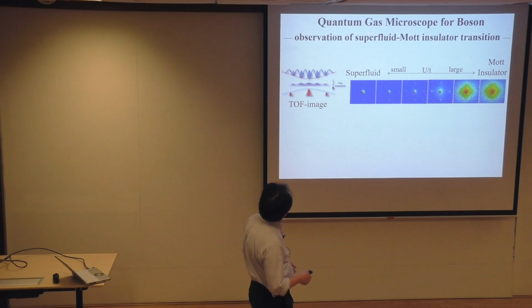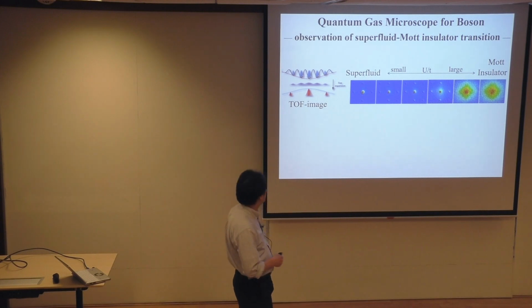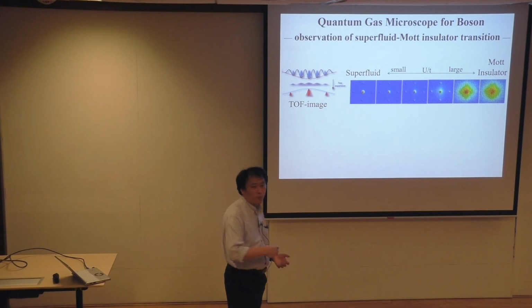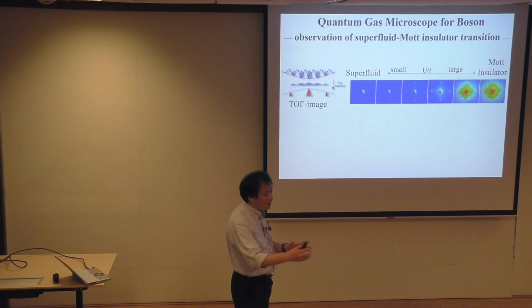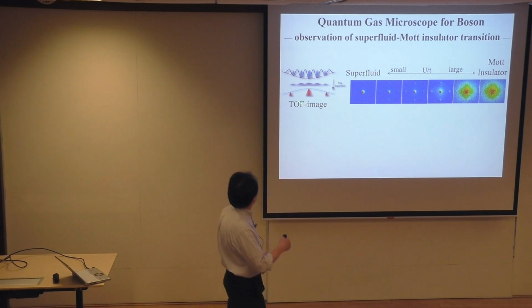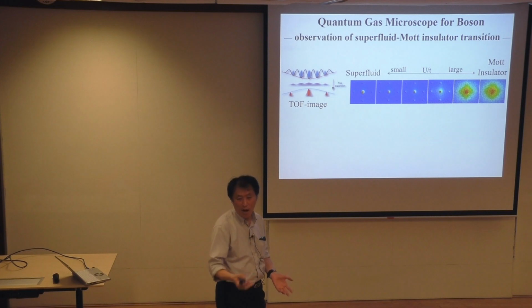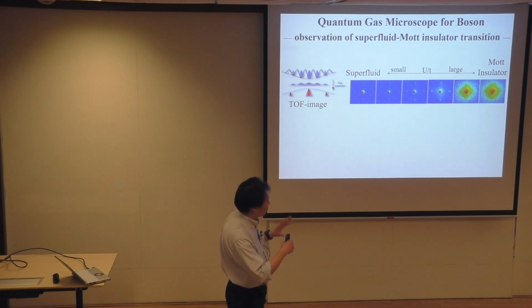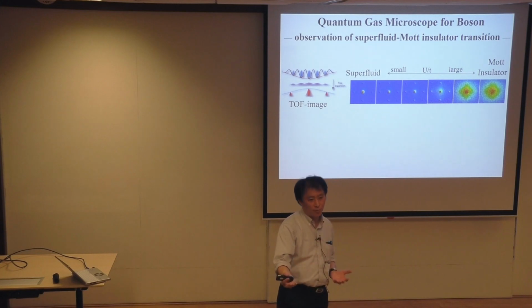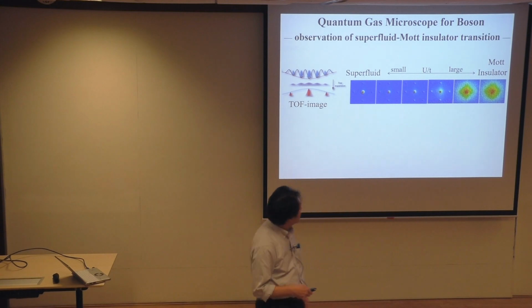Previously, the superfluid to Mott insulator transition was studied with the time-of-flight technique, by suddenly releasing the atoms in the optical lattice and measuring the atom distribution after some free expansion time. Therefore, the observed atom distribution reflects the momentum distribution of the atoms in the optical lattice.